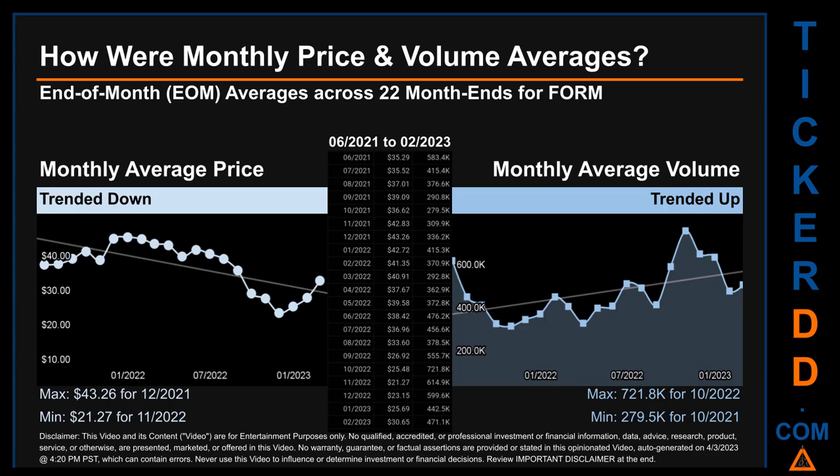The maximum end-of-month average price was $43.26 for 12/2021, while the minimum was $21.27 for 11/2022. Looking at volume, 10/2022 and 10/2021 respectively saw the highest and lowest monthly average volume at 721.8 thousand and 279.5 thousand.